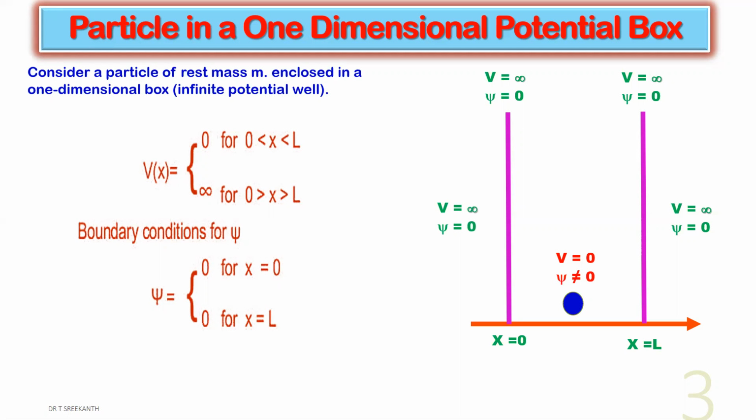And the potential energy is maximum at the boundaries or outside the boundary, meaning the potential energy is infinity at the boundaries or outside, that is x less than or equal to 0 and x greater than or equal to L. Similarly, inside the potential box, the psi value is not equal to 0. At the boundaries or outside the boundaries, the psi value is 0.